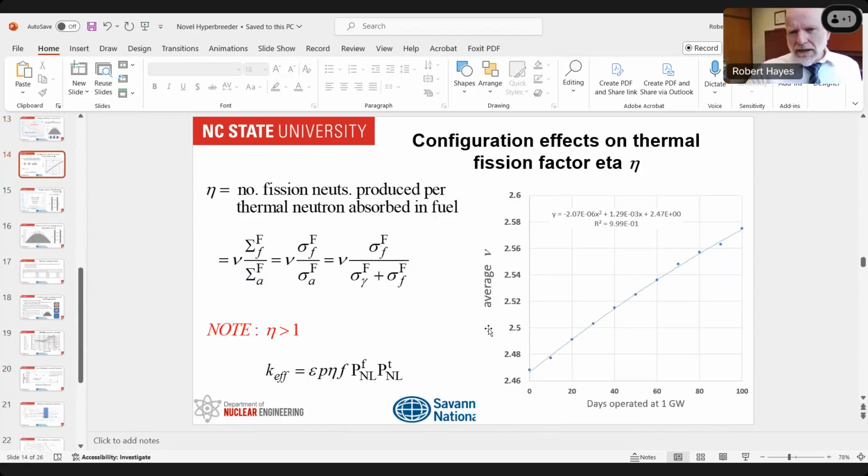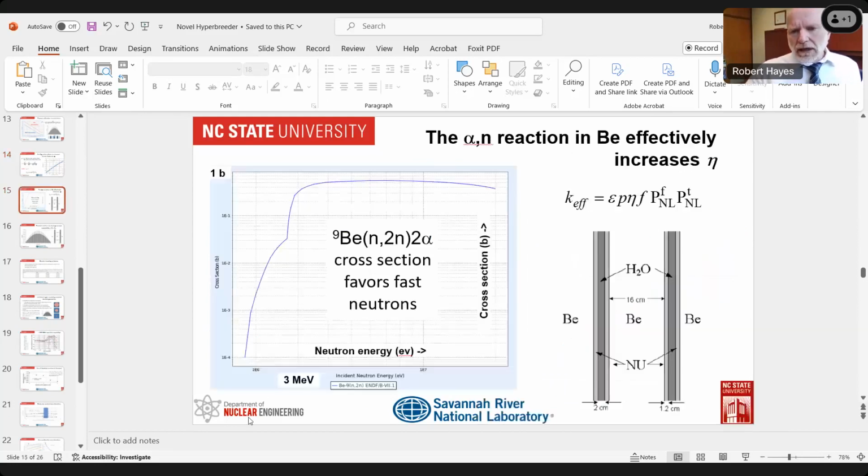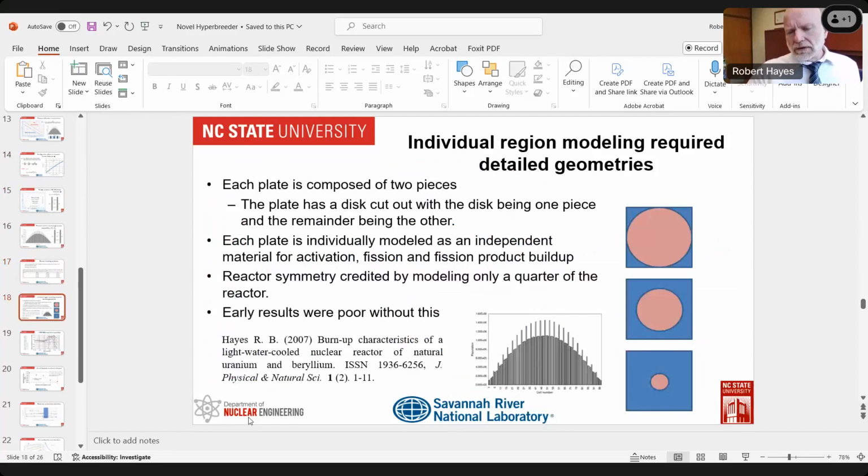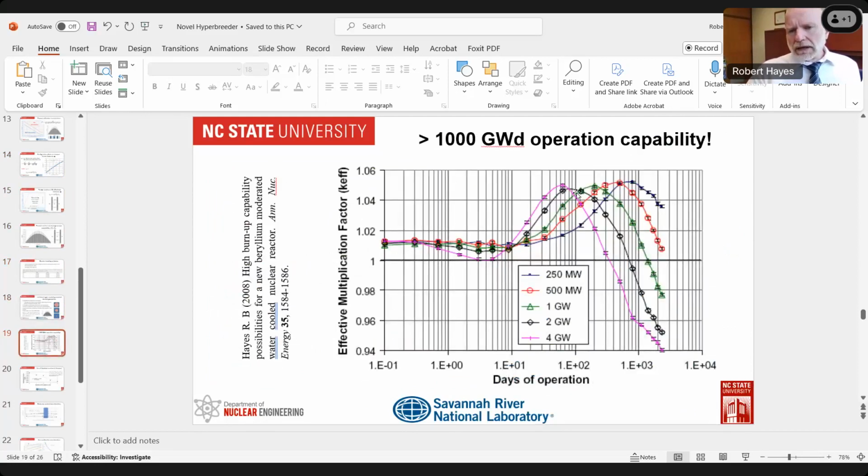And eta is a factor in the K effective. So this jump in eta eventually will increase my K effective, but until I start to get enough fission products generated, it doesn't start to come back down. I need to start generating enough fission products to take that reactivity back down to near unity. So I hope that answered the question.